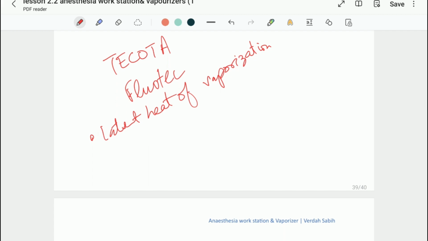This heat is drawn from the remaining liquid and the vaporizer body itself, leading to a significant drop in the temperature.